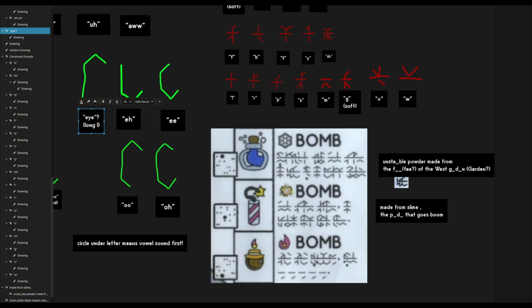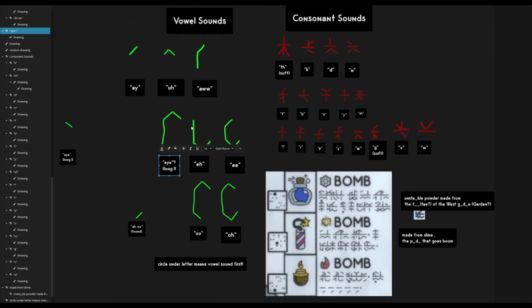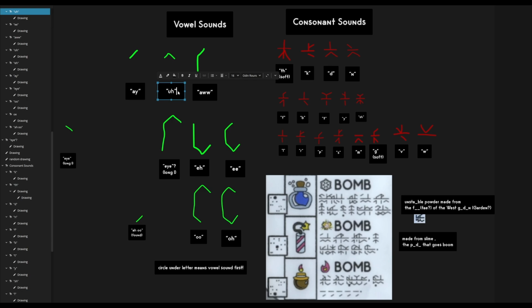Unstable. I'm going to put some examples here because the unstable, oh, that's, I guess, a different sound. This is where I wish I remembered my international phonetic alphabet.